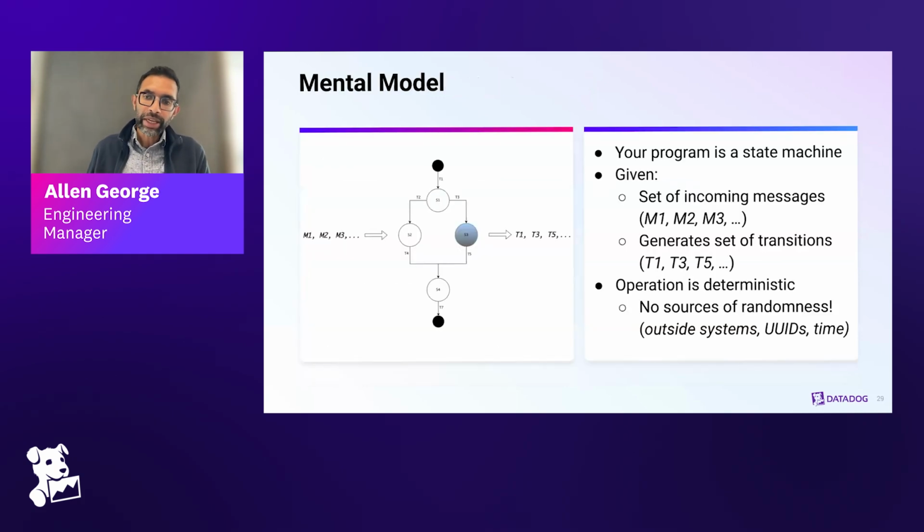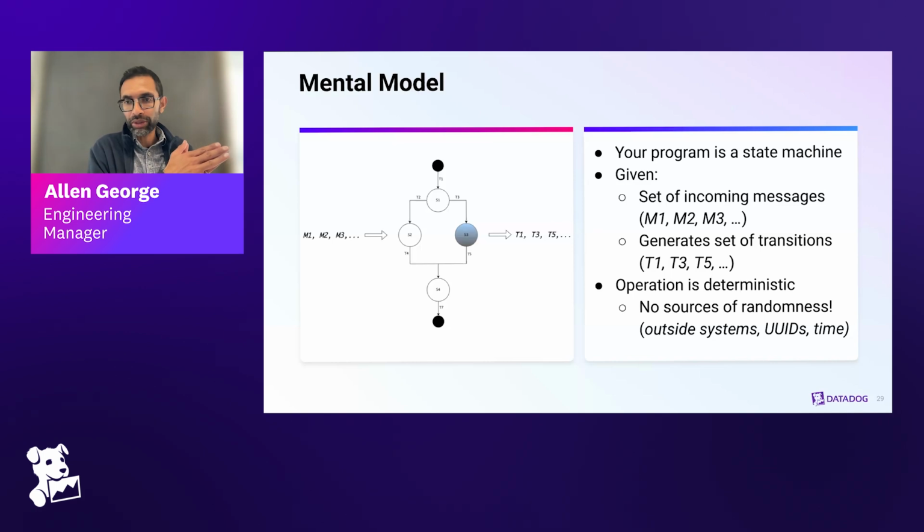So when it comes to the mental model, the first thing that I would recommend everybody think about is a very old concept from distributed systems: replicated state machines. One of the ways that you can build a fault-tolerant system is by thinking of your system as a state machine and making sure that this state machine's operation is always only a function of its inputs.